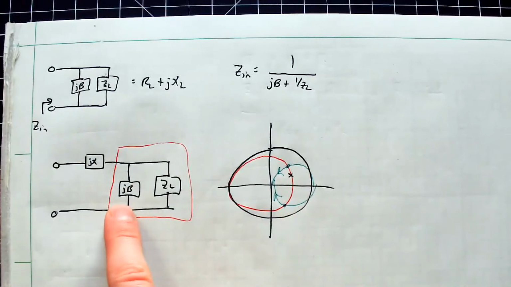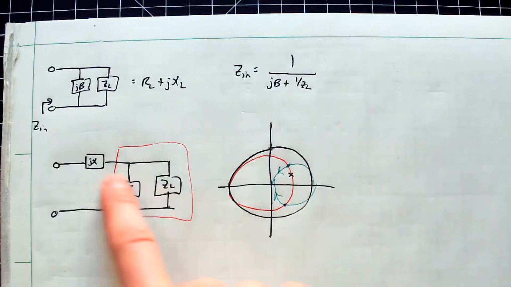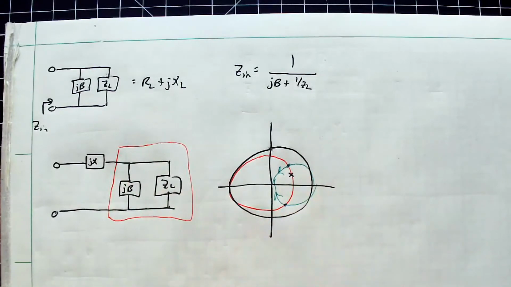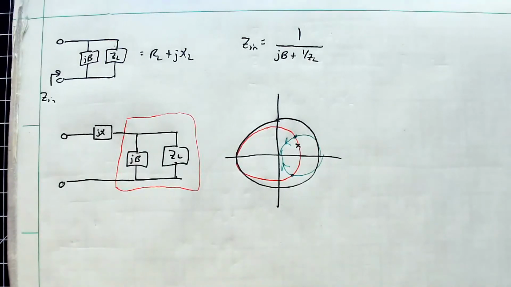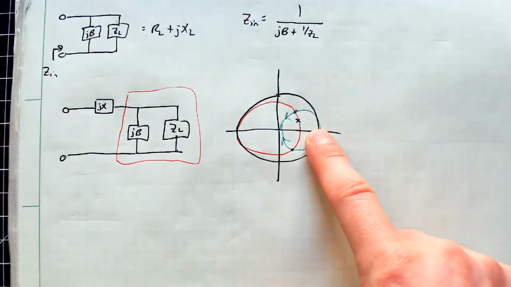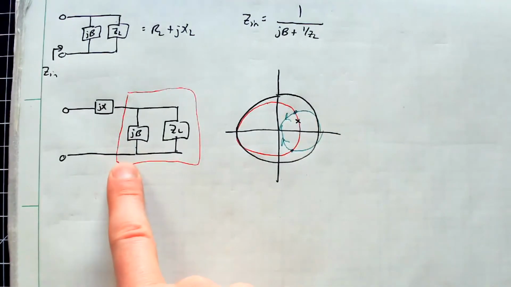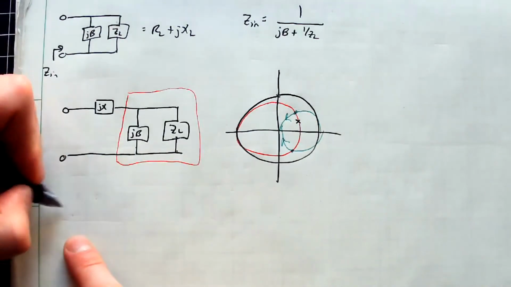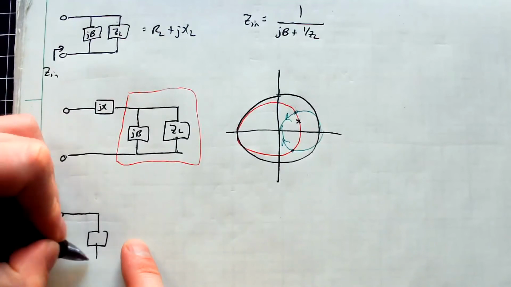Okay, so by adding the shunt reactance here, I go along these circles on the left, and then when I add the series over here, I just follow these circles on the right. So this also gives us one of our first design rules, and that is if my load impedance is inside this green circle, I have to use this configuration, because the opposite configuration will follow opposite rules like this.